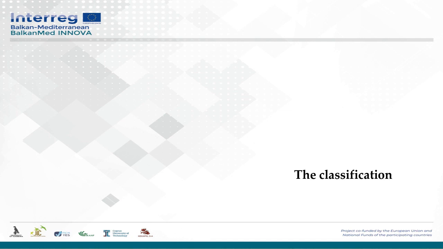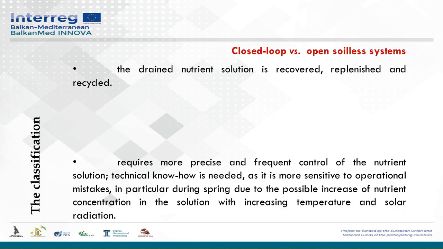And then within each of these main categories there are subcategories depending on some specific technicalities. However, the main classification of the protected cultivation system is the one which splits them into open soilless production systems and closed soilless production systems.